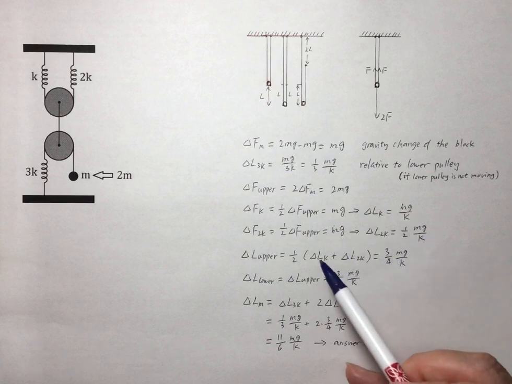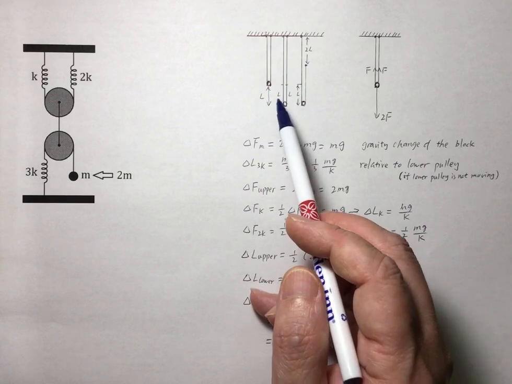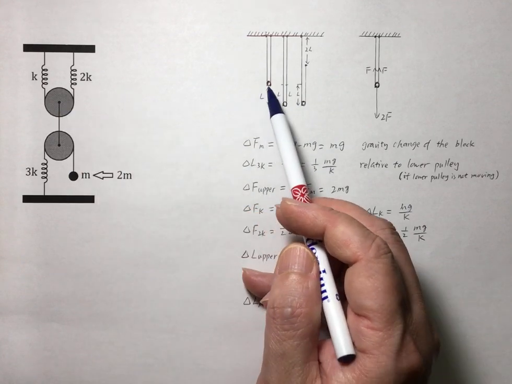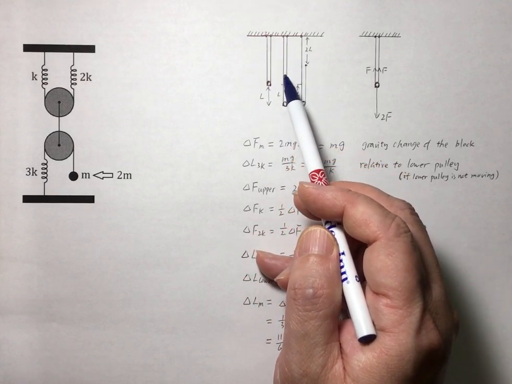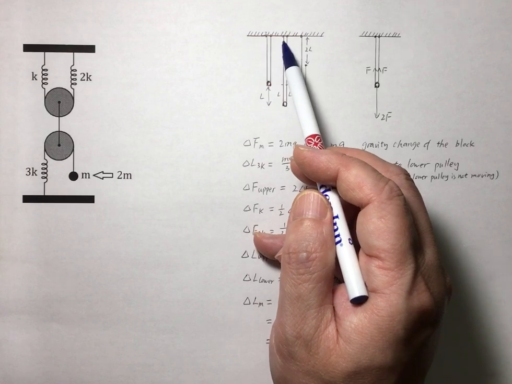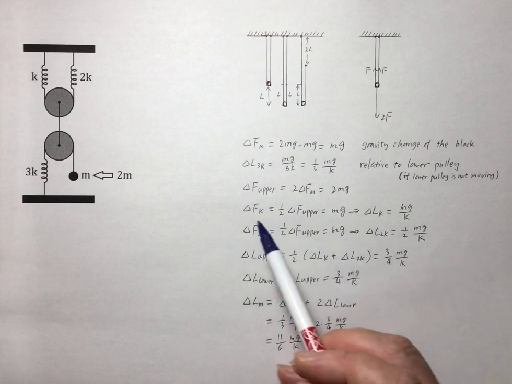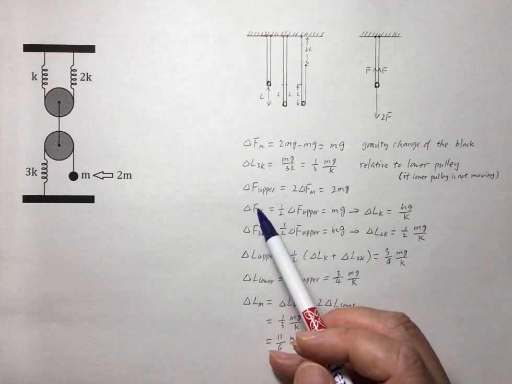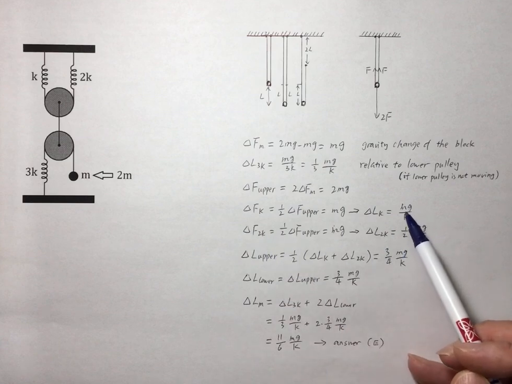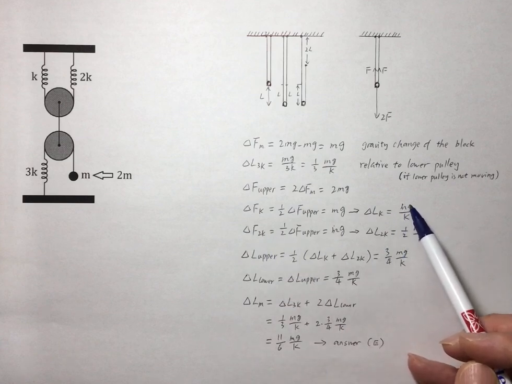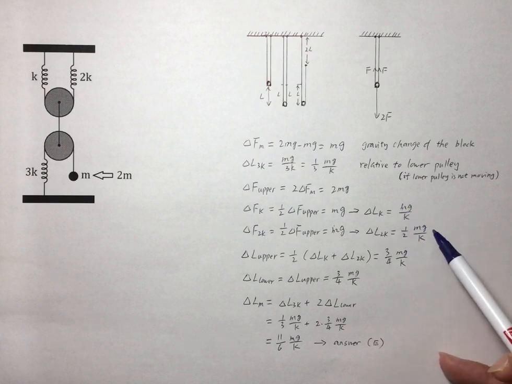So as we show here, if the pulley is going down by L, the length change of the rope will be 2L. But now, as we can show here, spring K and spring 2K have length changes of this value plus this value.